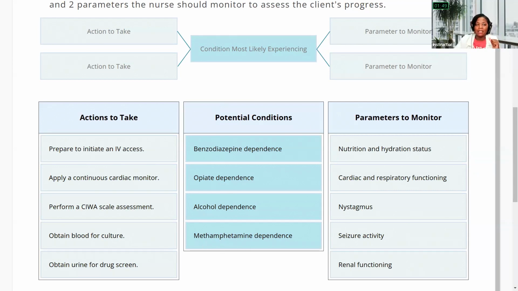What do that patient's symptoms more so align with? Talk to me, drop it into the chat. Okay, answers are beginning to come into the chat.